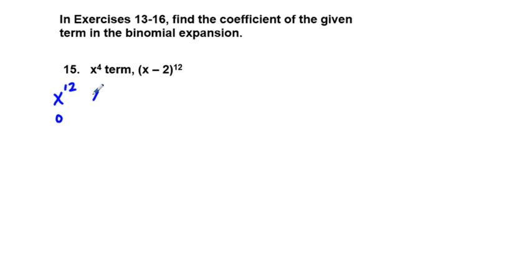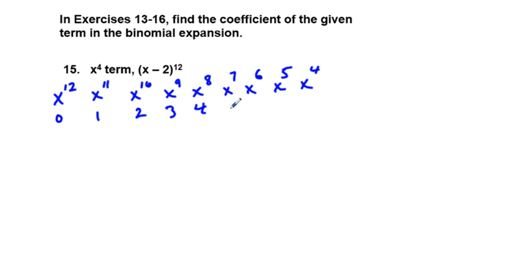And then we're going to have x to the 11th, x to the 10th, x to the 9th, and so on, x to the 8th, x to the 7th, x to the 6th, x to the 5th, and x to the 4th. Counting 0, 1, 2, 3, 4, 5, 6, 7, 8, this is going to be r equals 8. So we're looking at 12 choose 8.